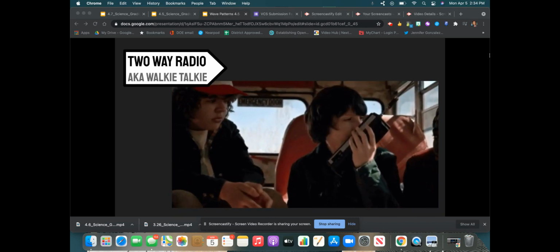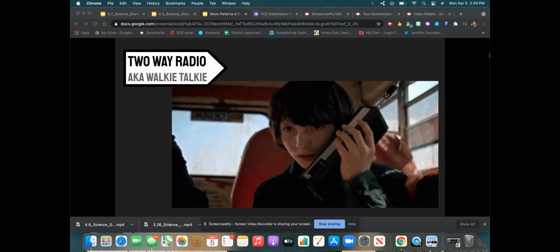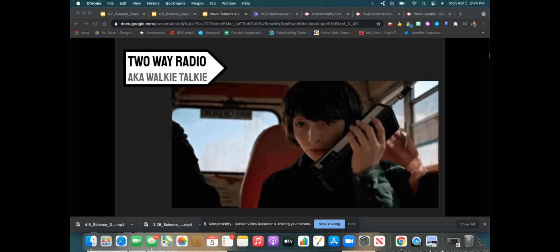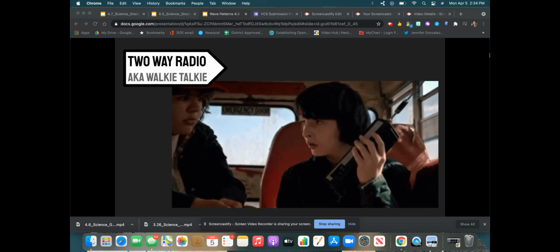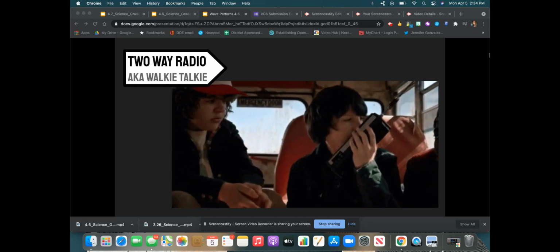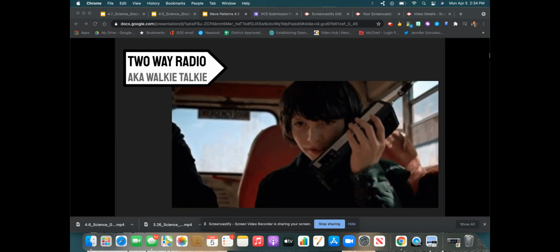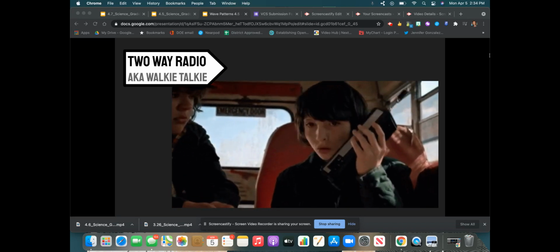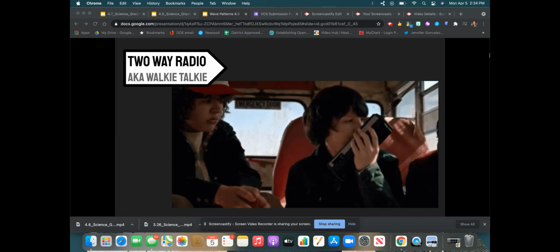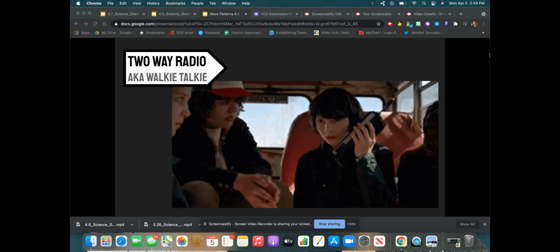And here we have the two-way radio, also known as the walkie-talkie. It will take something you say and somehow transfer it to another person in another location that's also using a walkie-talkie.